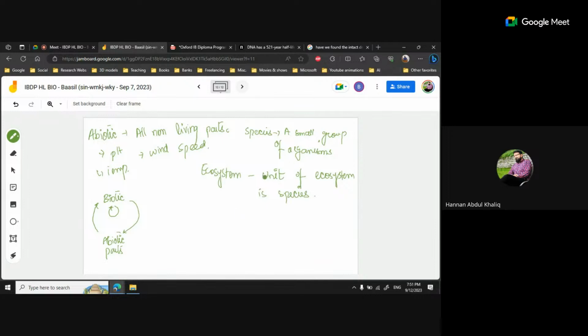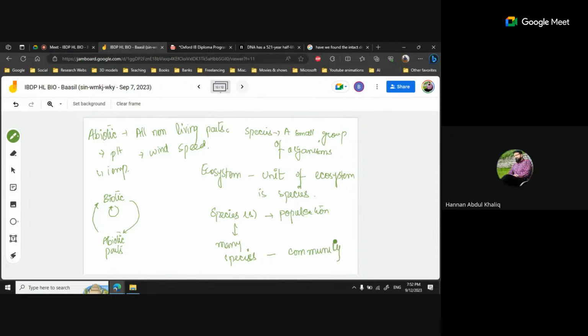So, if we talk about only one species, that would represent the population of an ecosystem, not the community. But when you combine many species in a particular area, then it would become a community.